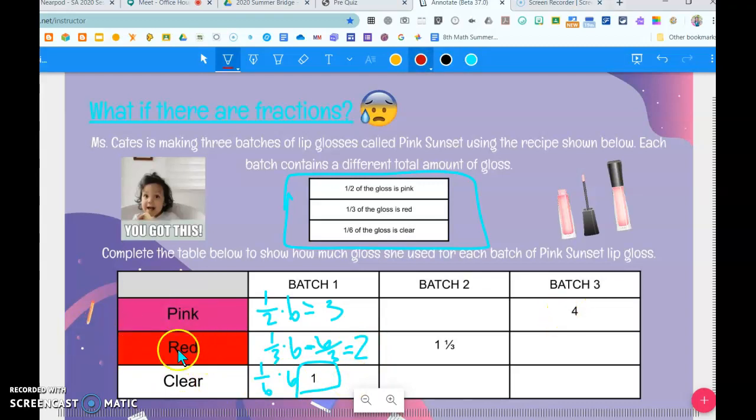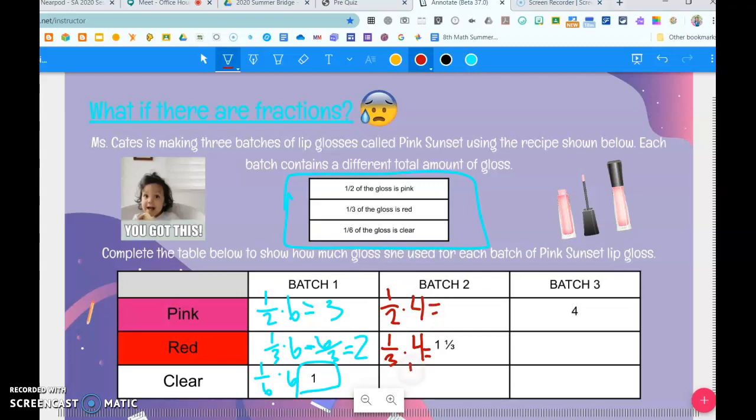Okay. If she has 1 1/3 of the red, which was just 1/3 to start with, she multiplied it not only by 3 to get the 1 whole, but by 4 to get the 1 1/3. So what do I need to multiply the other 2 by? The same thing that we multiply the middle one by.